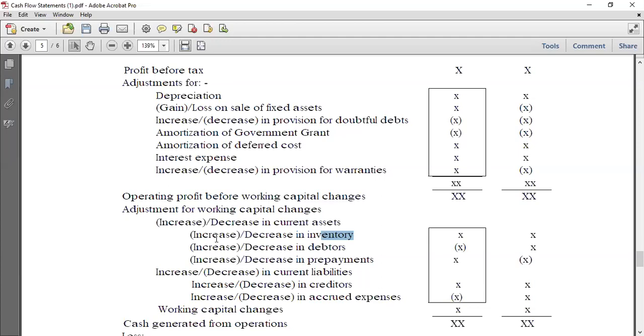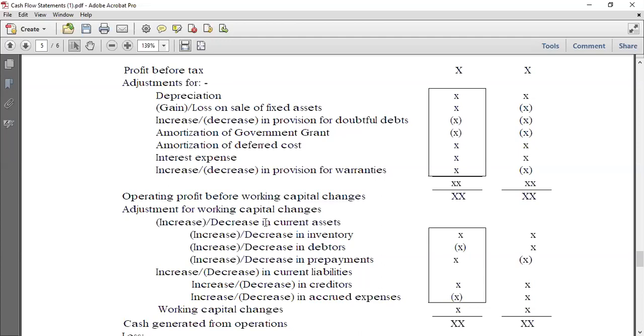So if it's an increase in inventory, there is a deduction, it is a cash outflow, okay?